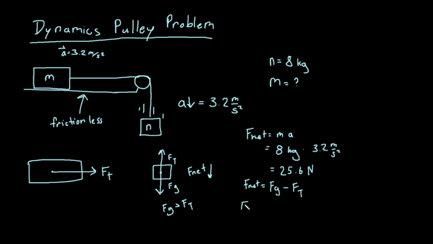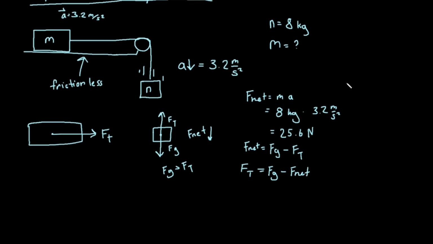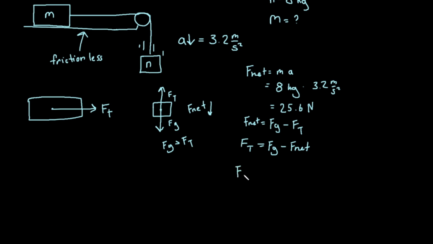Our finally rearranged equation would be F tension equals force of gravity minus Fnet. Now, what's force of gravity? Well, force of gravity is equal to mass times g. G is simply equal to 9.81. It's our gravitational constant.